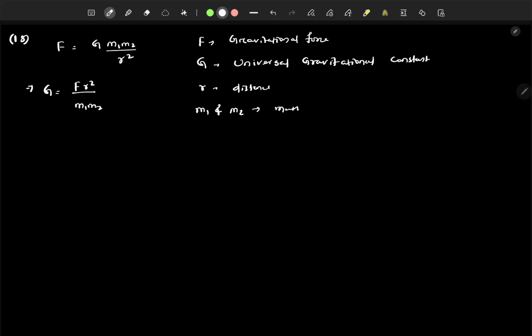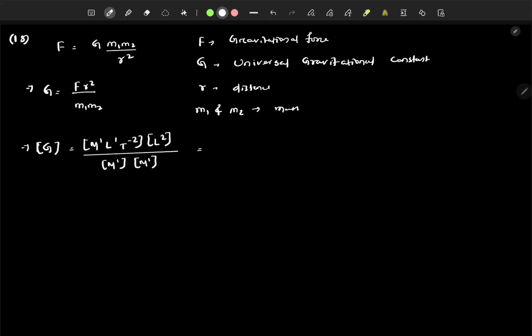So can you find the dimension of capital G? Capital G means the universal gravitational constant, its dimension is the dimension of force, that is M1 L1 T minus 2, then r square, that is L2, divided by m1 into m2, that means M power 1 into M power 1.